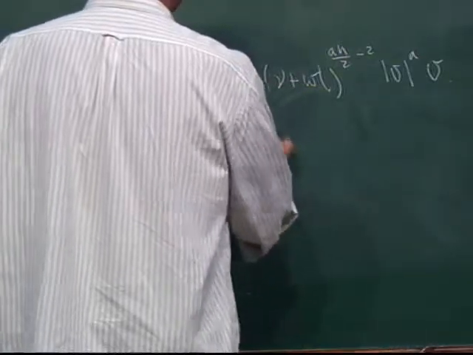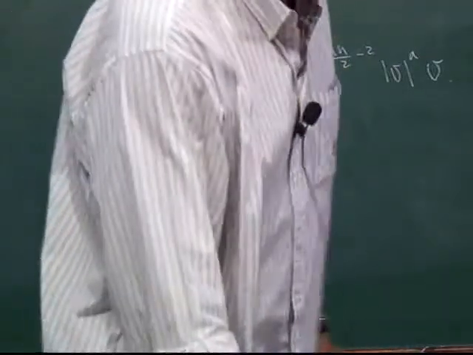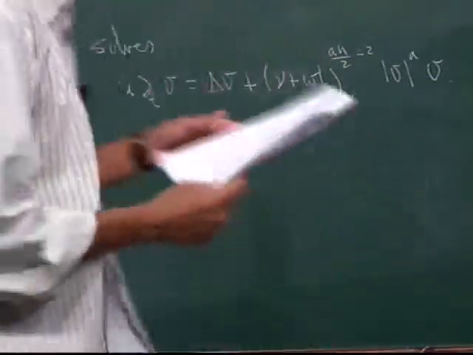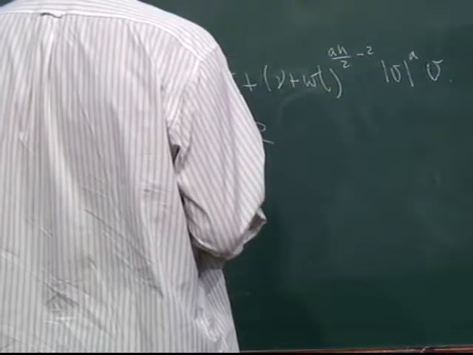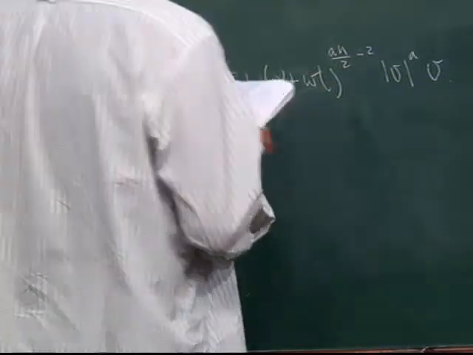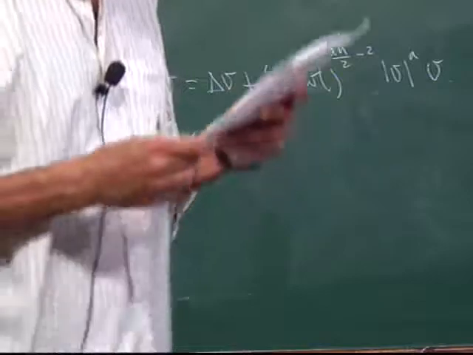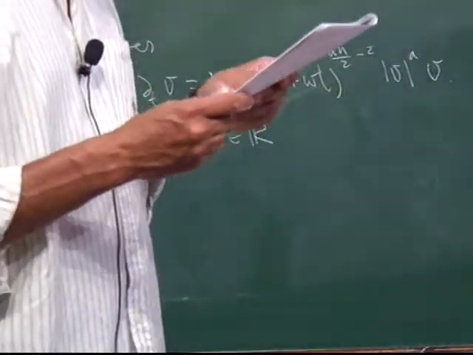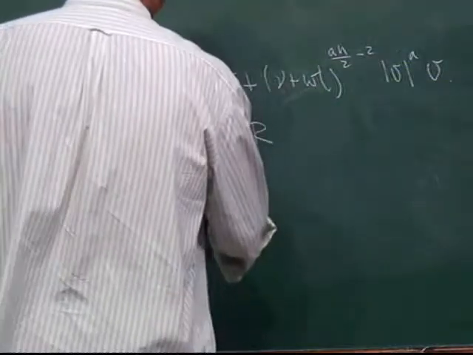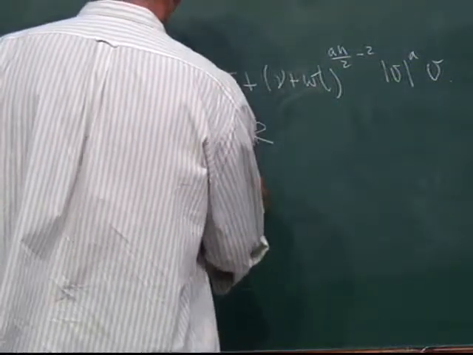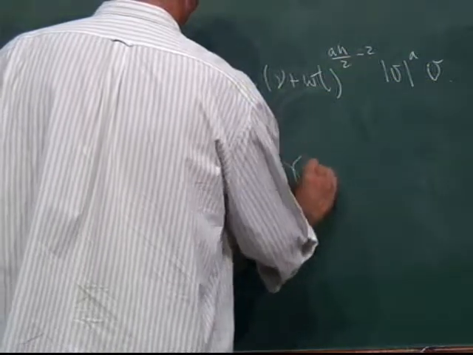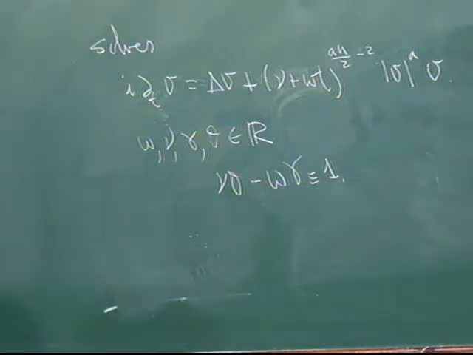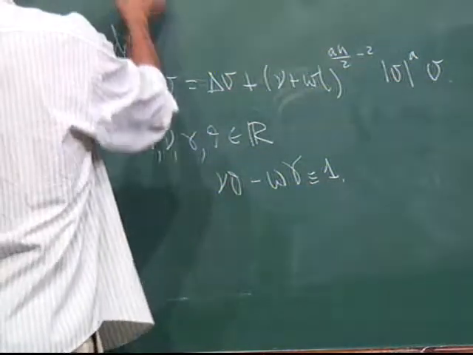All these are real, and the only condition that you need is that there is a product that has to be equal to 1. This one. Okay? It's a long computation if you want to prove it, but you can take it as a fact for the moment.